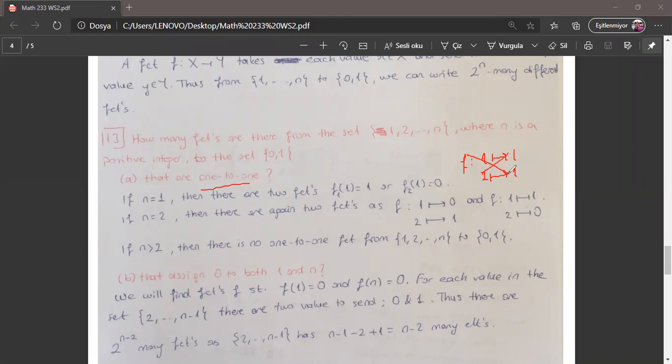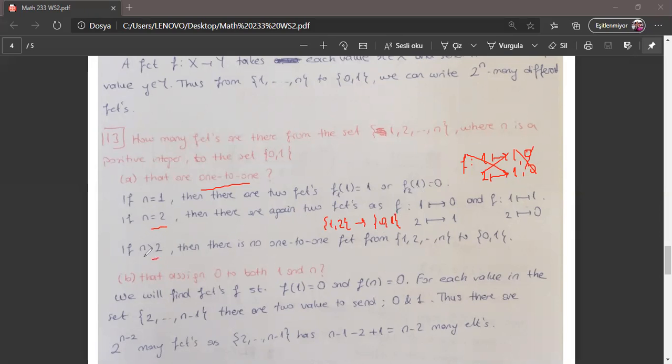That's why this is not an option, and neither is the one with the zeros. So we have only 2 functions which are one-to-one from the set 1, 2 to 0, 1, because we set n equals 2.